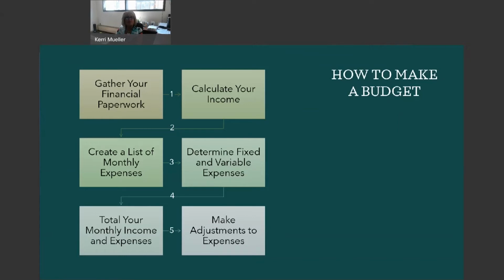And number 5, total your monthly income and expenses. If your income is higher than your expenses, congratulations, because you're off to a good start. The extra money means you can put funds towards areas of your budget such as retirement savings or paying off debt.